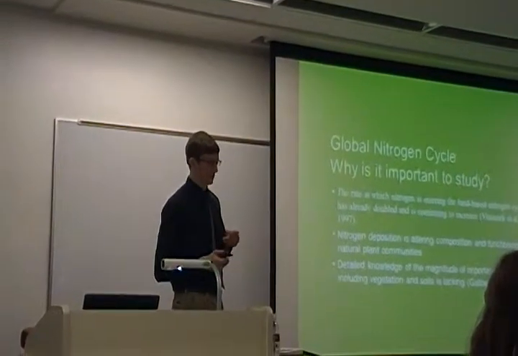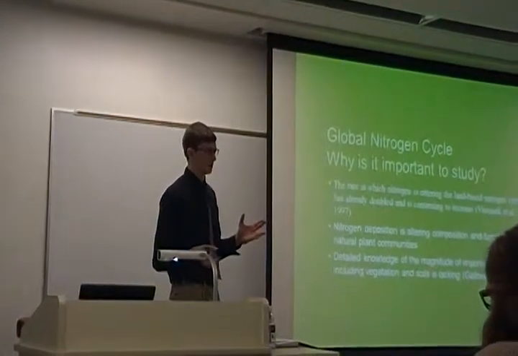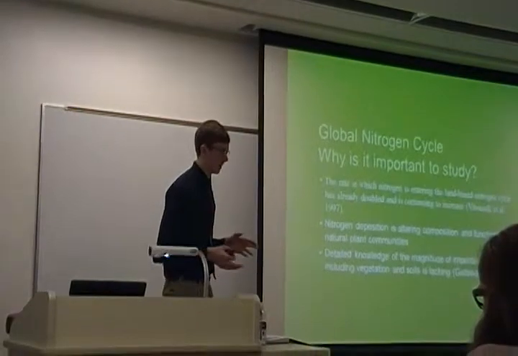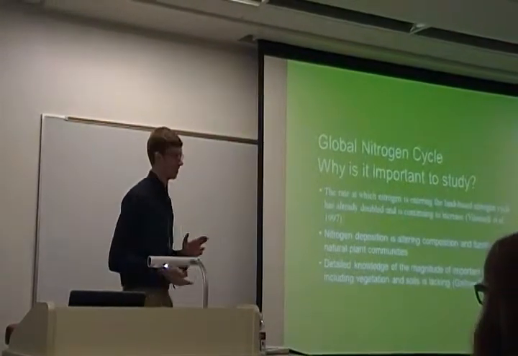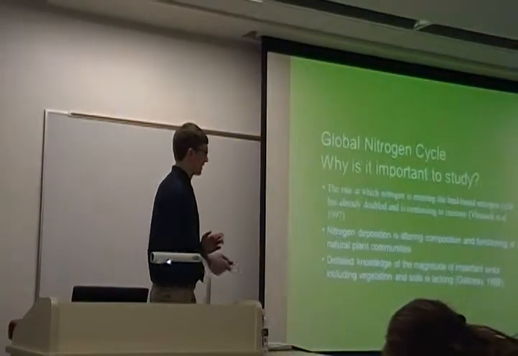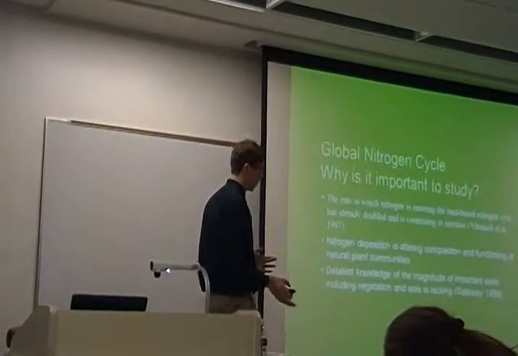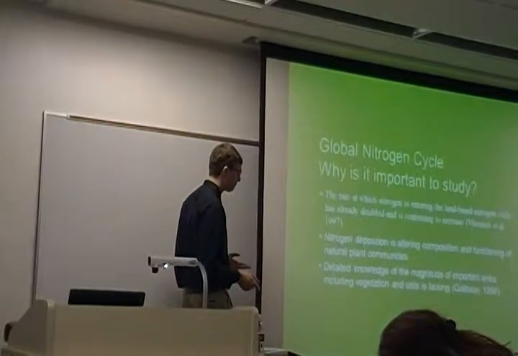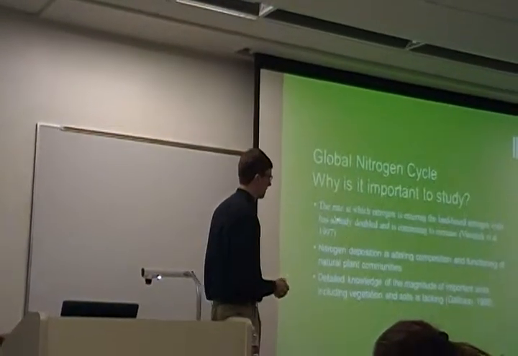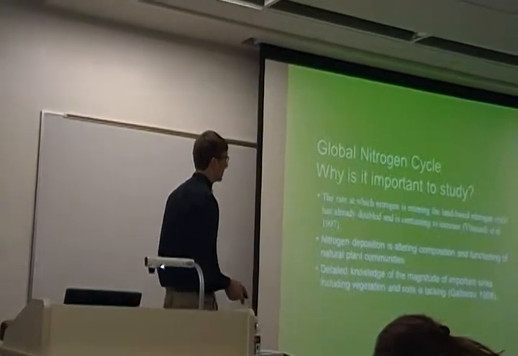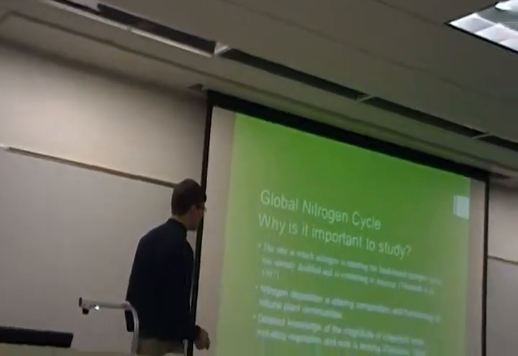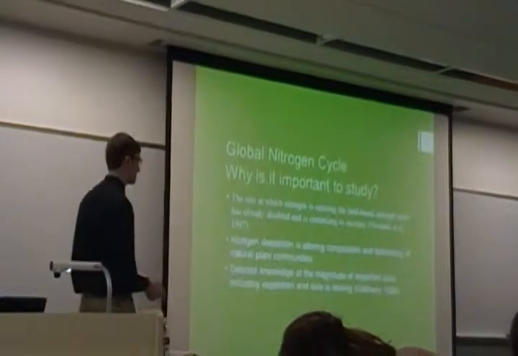But when automobiles combust fossil fuels, they're releasing nitrogen from the atmosphere that was unavailable to use in the form of NO2 gas, and it's making it possible for plants to use that kind of nitrogen. So the rate at which that nitrogen is entering the nitrogen cycle has already doubled. It's continuing to increase, and it's changing ecosystems and plant communities.